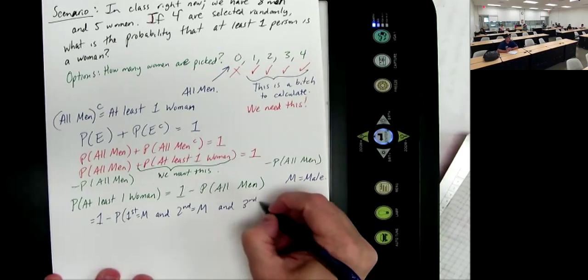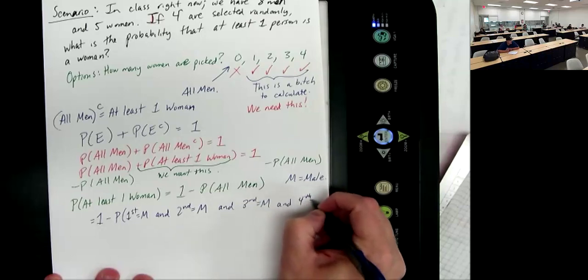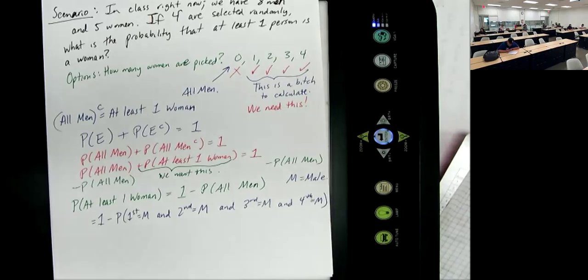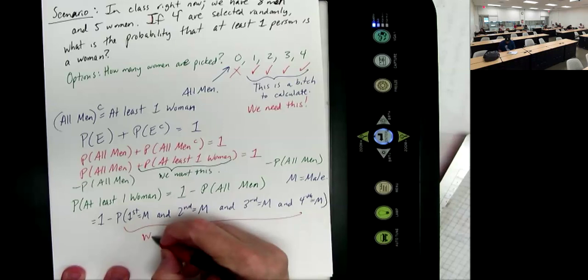And the third person is a male, and the fourth person is a male. We don't know how to do this yet, but we will shortly.